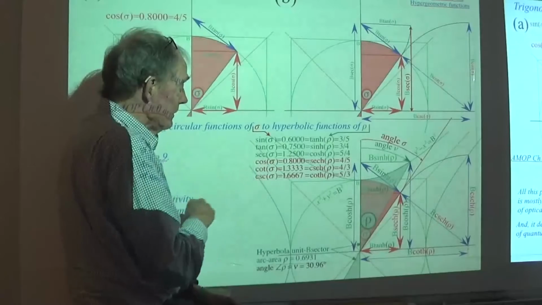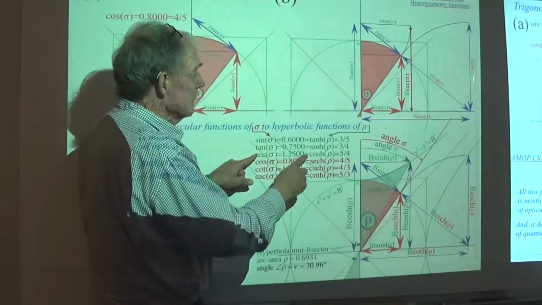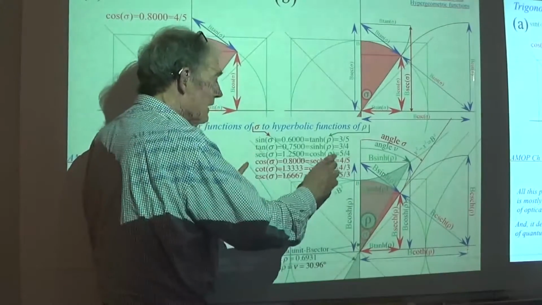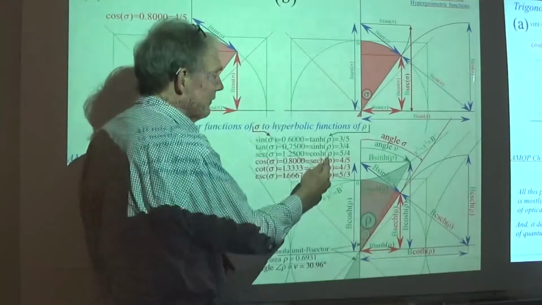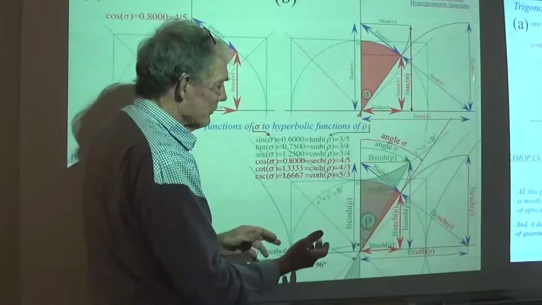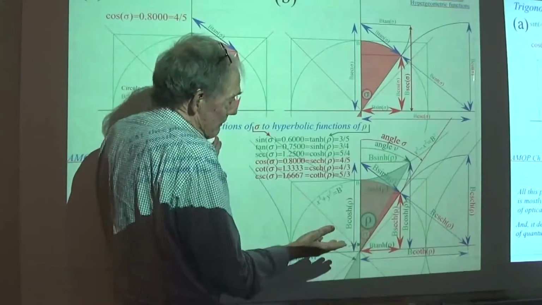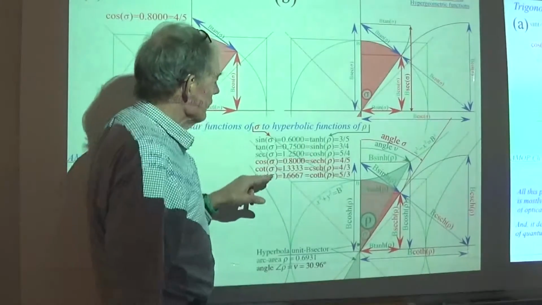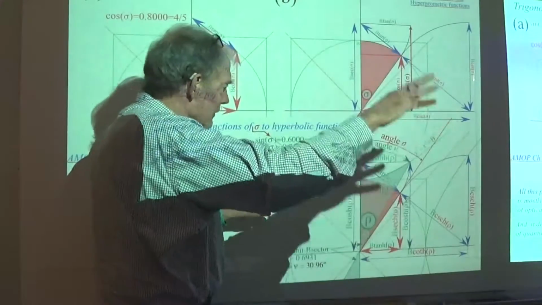They flip between each other a couple of times here. The secant of sigma is the hyperbolic cosine of rho. Sigma and rho, I use two Greek letters, one of them pointing this way and the other one turned over and pointing this way. Okay, and so it's these two that we're going to play with, either one of them. Now it's going to turn out that this one's associated with Doppler shift, and this would still be associated with a stellar aberration angle.